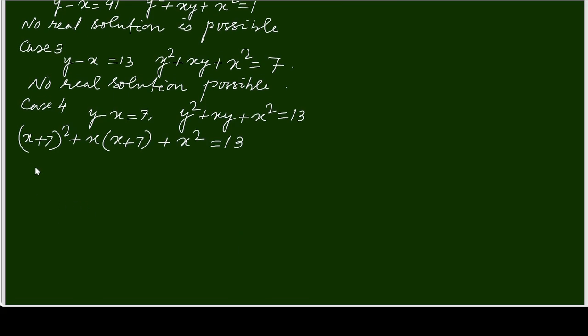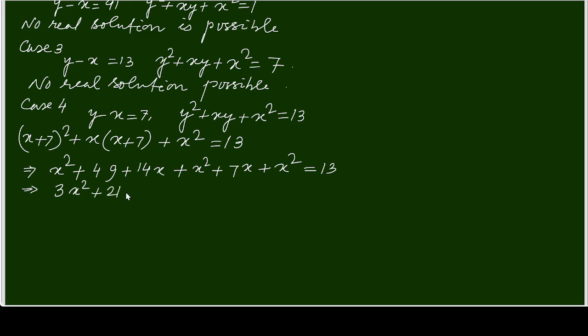This gives us x squared plus 49 plus 14x plus x squared plus 7x plus x squared equals 13, or 3x squared plus 21x plus 36 equals 0, or x squared plus 7x plus 12 equals 0. This gives us two factors, (x plus 4) and (x plus 3).